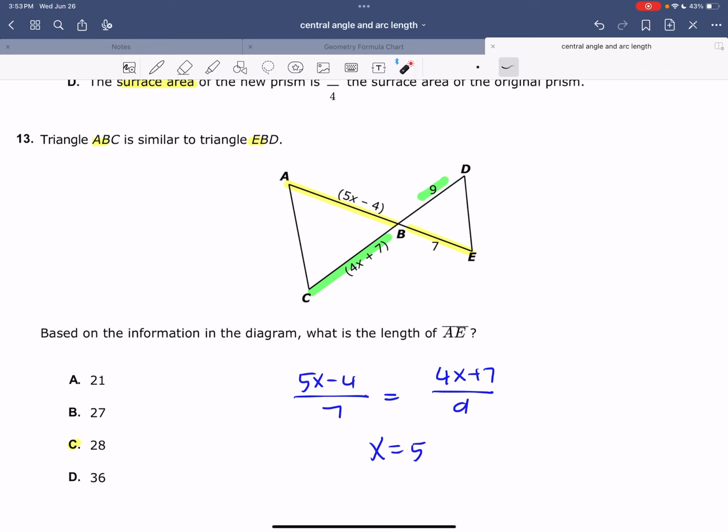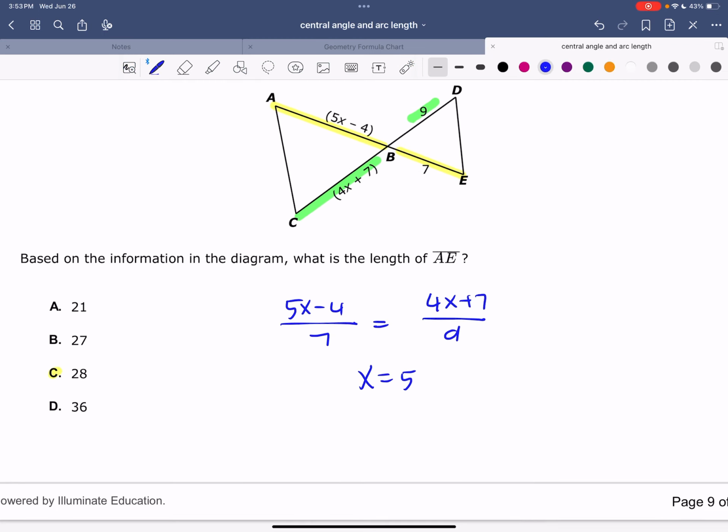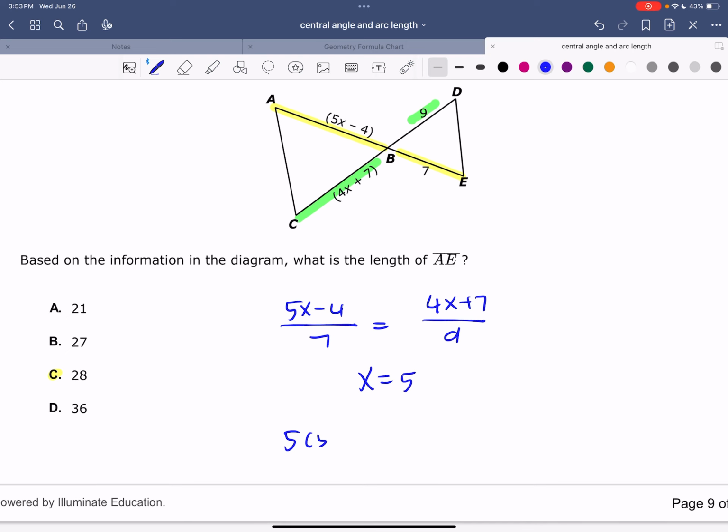Now I want to solve for A to E, so I'm gonna plug this one in here at AB, so it's gonna be 5 times 5 minus 4, which is 21. And if you choose 21 as an answer, you're wrong because we are looking for A to E. So what do I have to do? It's plus 7. So you get 28.